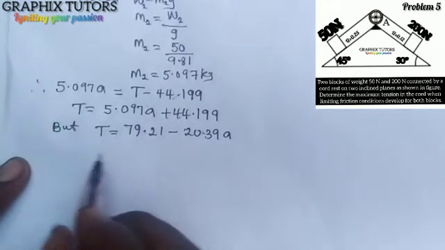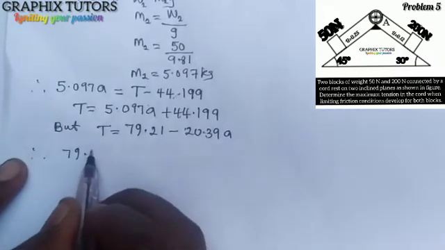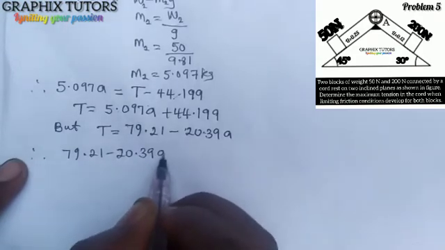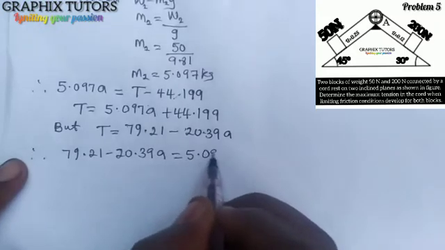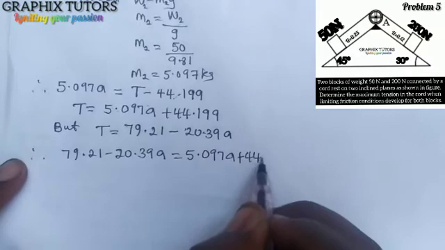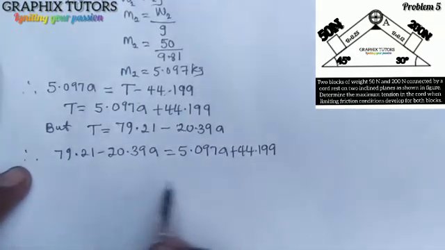So we put it here. Therefore we now have 79.21 minus 20.39a equals to 5.097a plus 44.199. So we've done that to collect like terms.